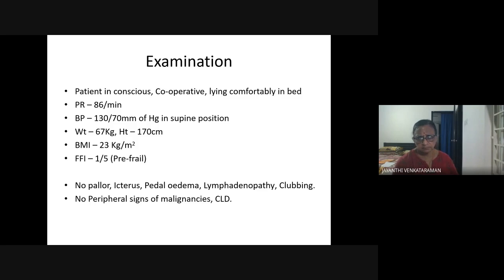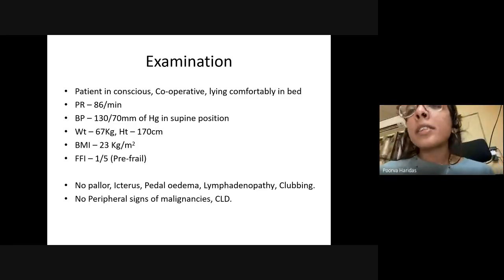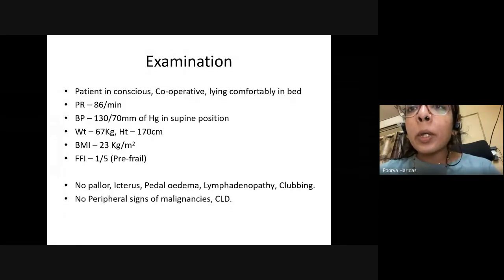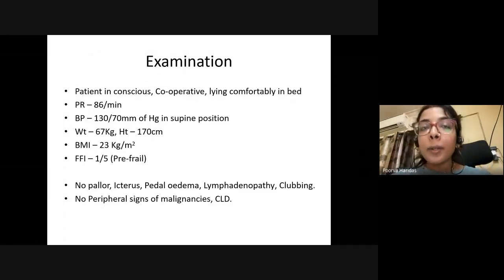What else? Ma'am, sign of Leser-Trélat, that is seborrheic keratosis, and also we will look for thickening of the ungual tissue, and also dermatomyositis can rarely be a presentation as a paraneoplastic syndrome.